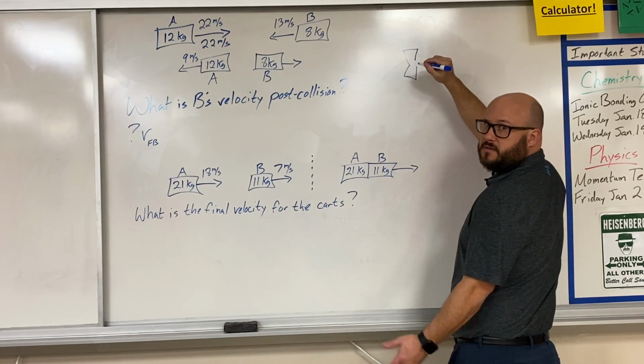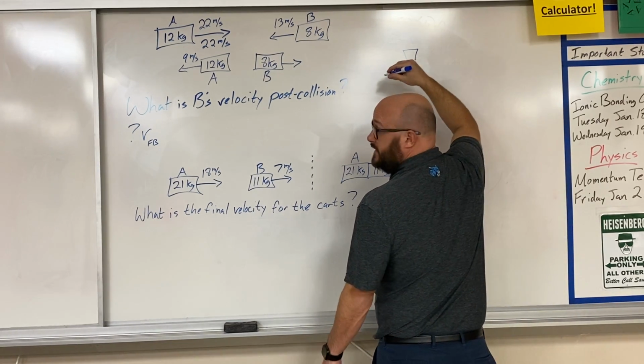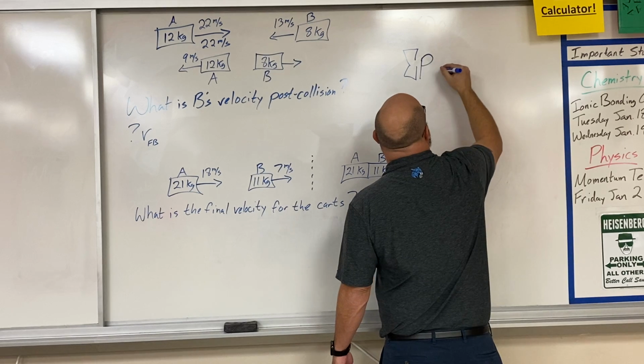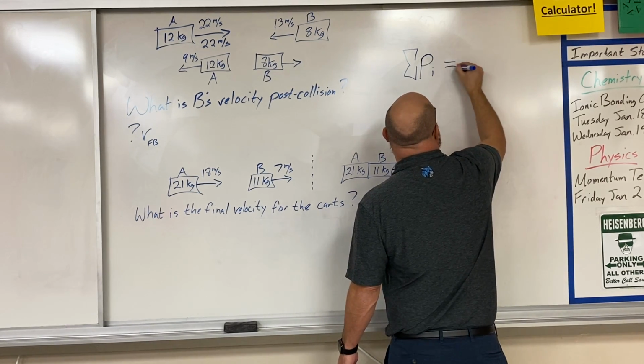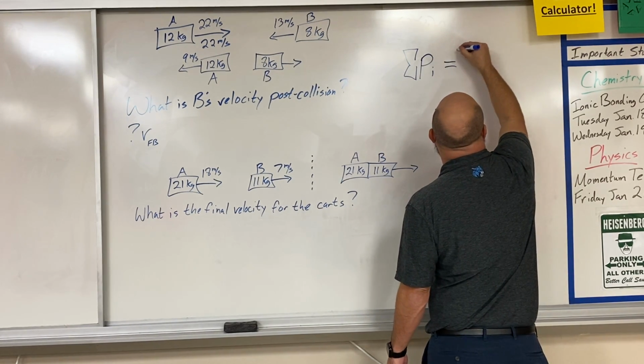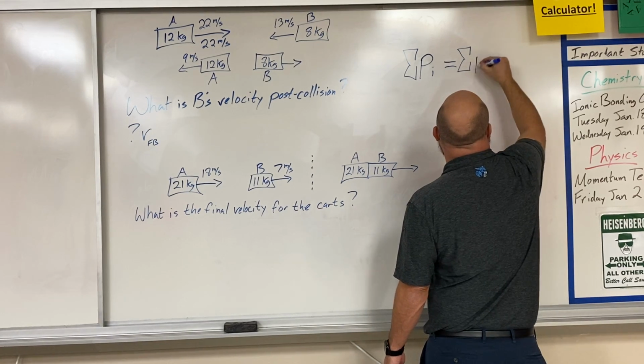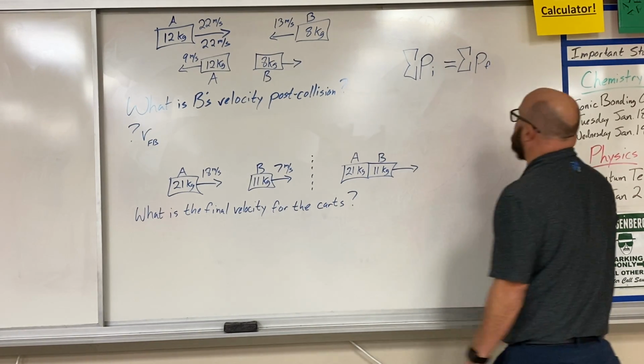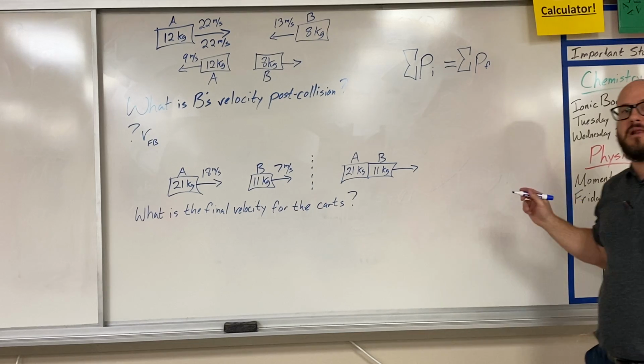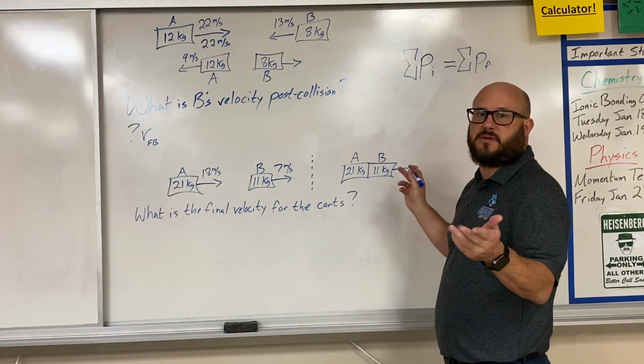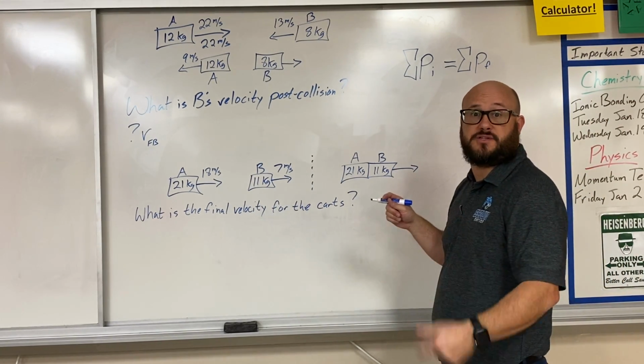That's supposed to be sigma. It's a hard symbol to draw. The total momentum initially has to equal the total momentum at the end. So we simply add up our momentums. They have to be the same before and after a collision.